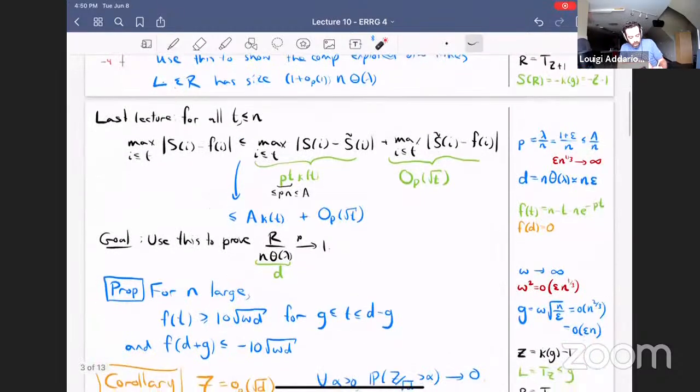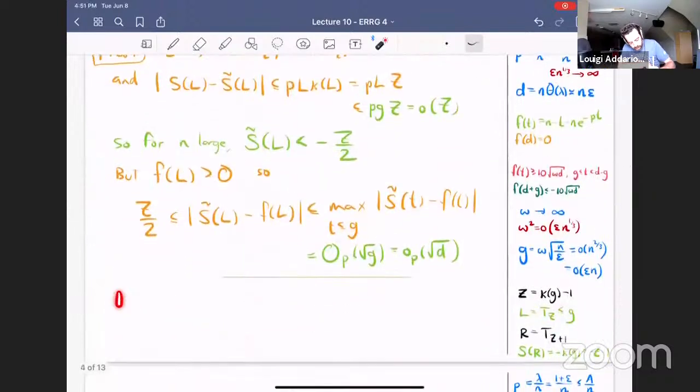So we're going to use the bound. Let me write it out again because I didn't copy this down on the right.